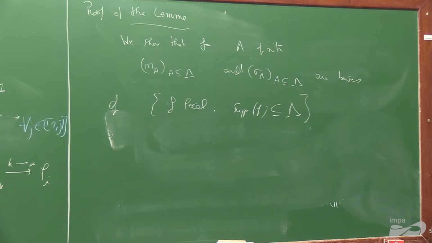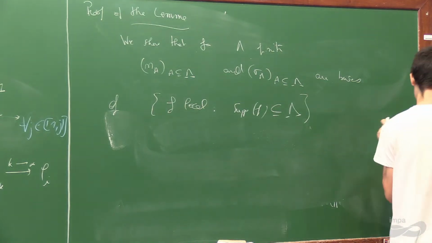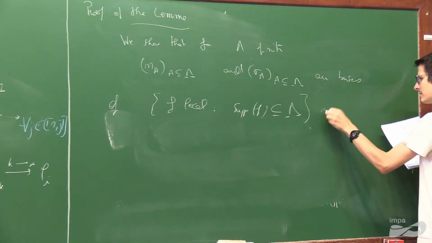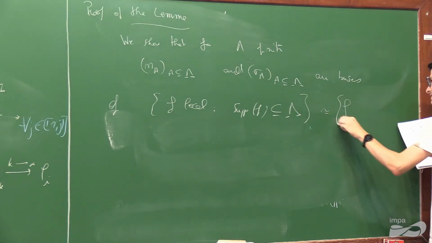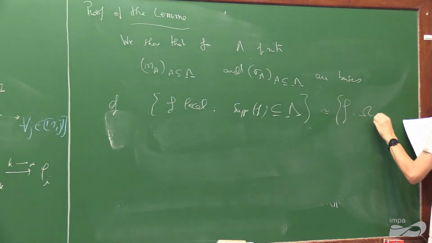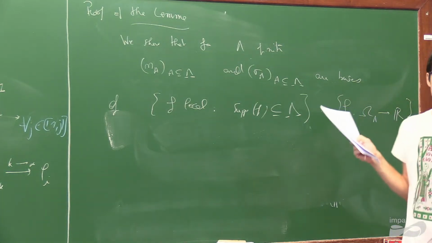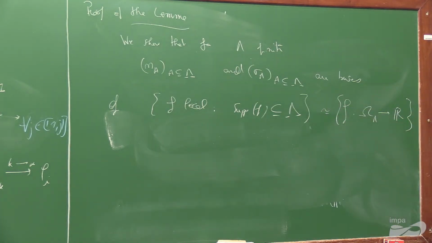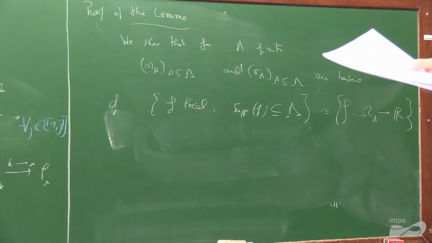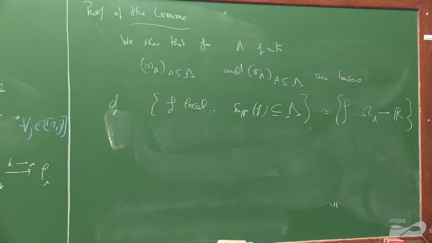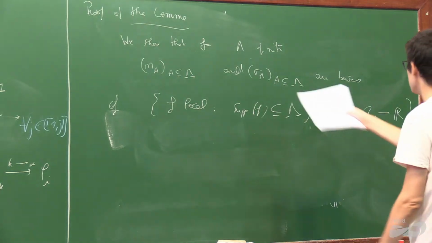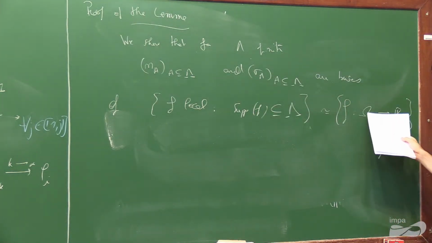This is basically the same thing as the set of functions defined on omega lambda, just by the correspondences I had. So I'm just going to show that this is a basis of this space.